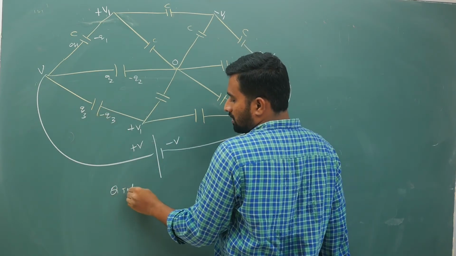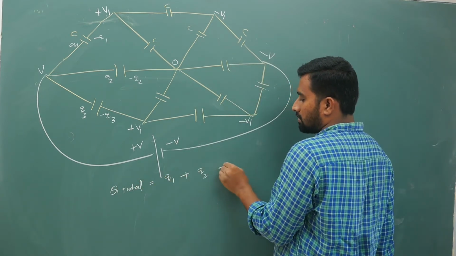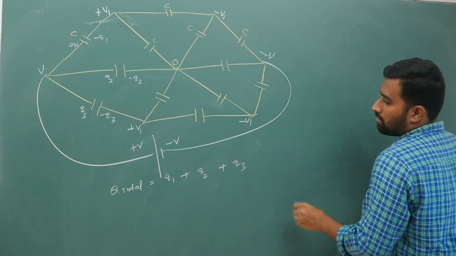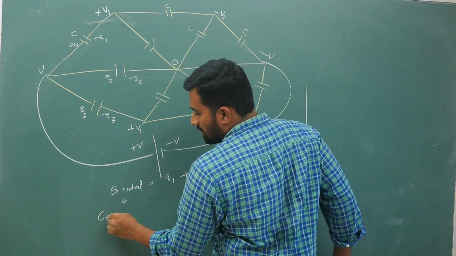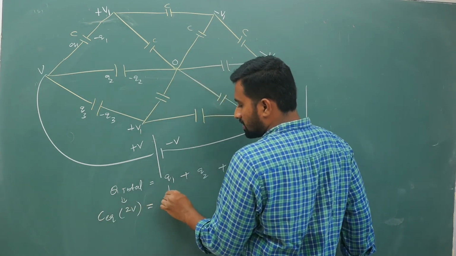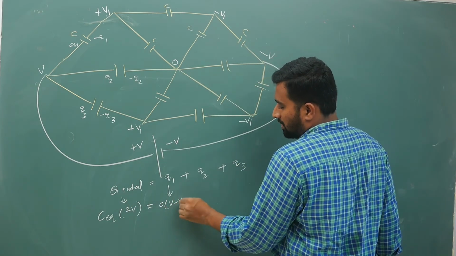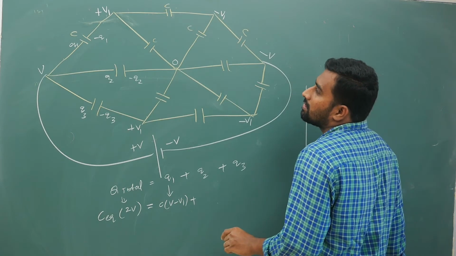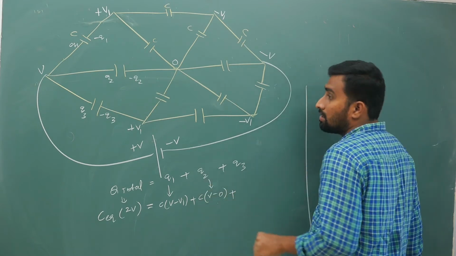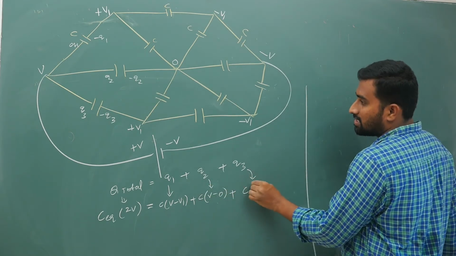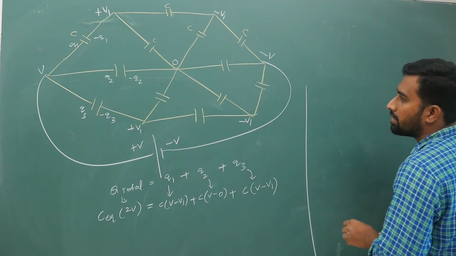So Q total is Q1 plus Q2 plus Q3. So it is C equivalent times 2V is equal to Q1, which is C times V minus V1, plus Q2, which is C times V minus 0, plus Q3, which is C times V minus V1. So this is what you are going to get.